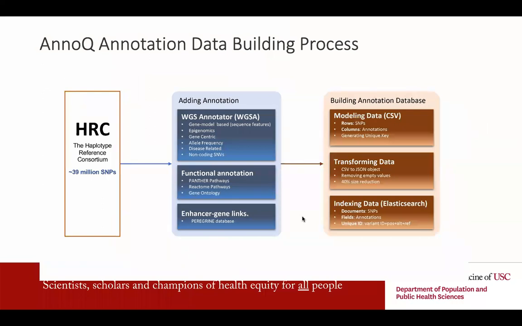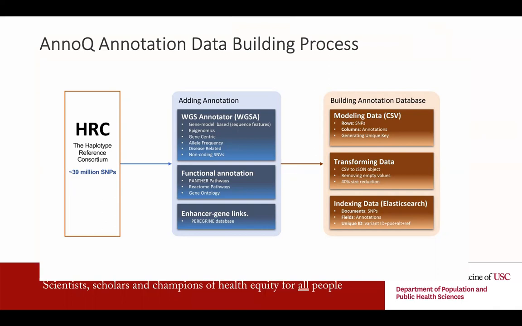So just a little bit more about the workflow, how we build it. The variant data set we use is from this HRC data set, which contains 39 million SNPs right now as a starting point. We can expand that to even dbSNP or whatever, as long as the hardware can support it, because it will need a lot more disk space, right?